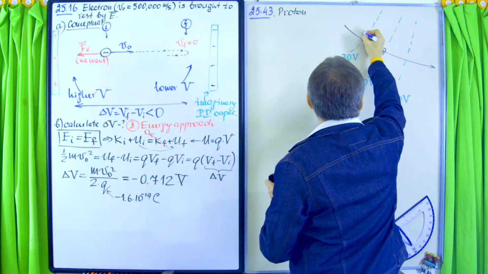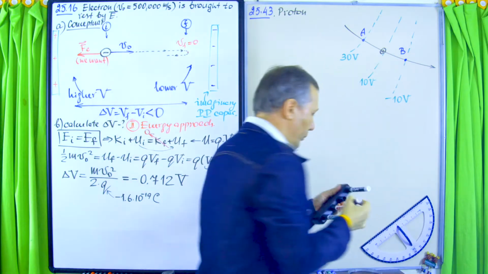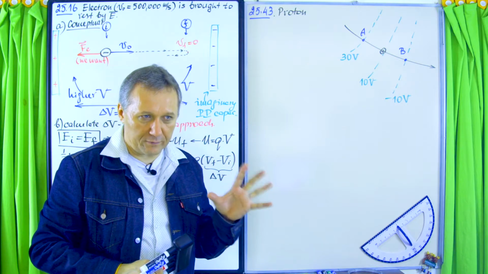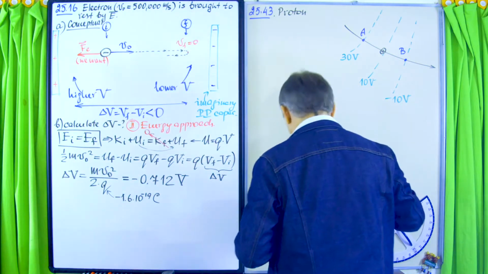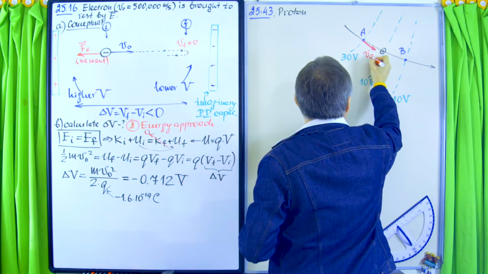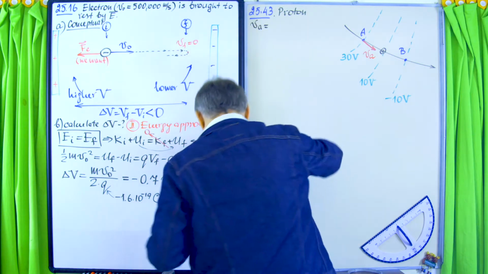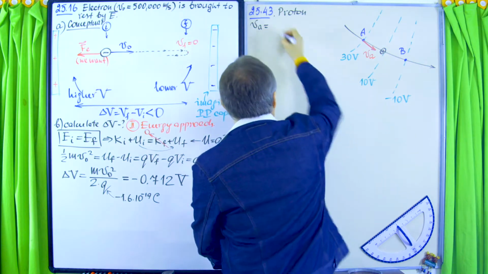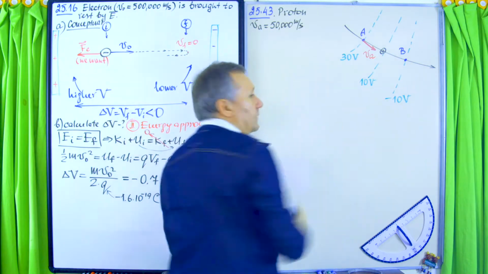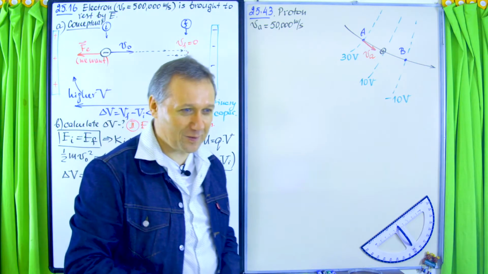So let's say this point is A, and let's label this point as point B. We have information about the speed, basically the magnitude of the velocity at point A. So we know that the magnitude of velocity of the proton at this point is v sub A, and that value is 50,000 meters per second, 50 kilometers per second. It's definitely less than the speed of light by an order of magnitude, right?